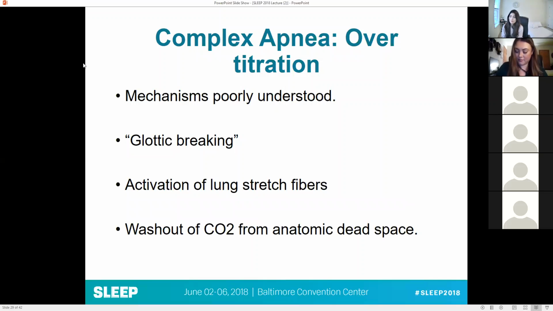There's also overactivation of the lung stretch fibers, which gives feedback to the respiratory centers that the lungs are being overdistended, and cuts off your breathing that way. But again, these are not definitive. One of the past presidents of the ATS, Atul Malhotra, has written a lot on this. It's pretty interesting if you're ever looking for some papers on it. Next slide.